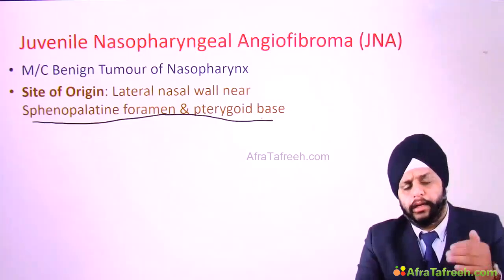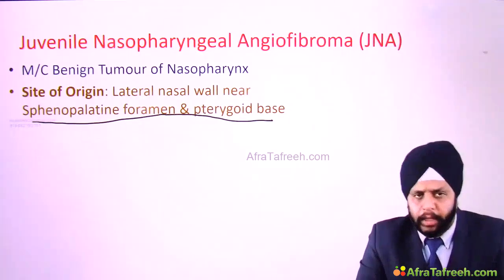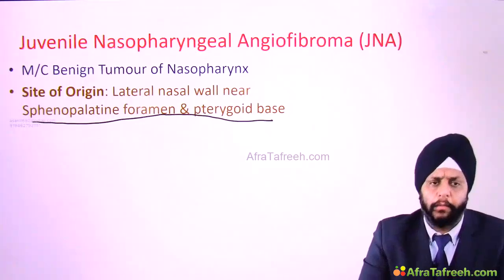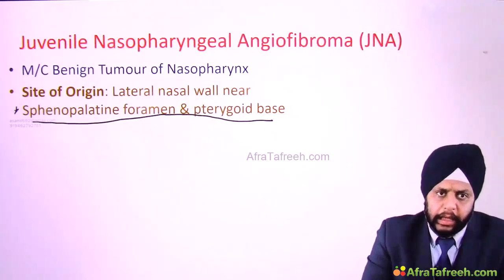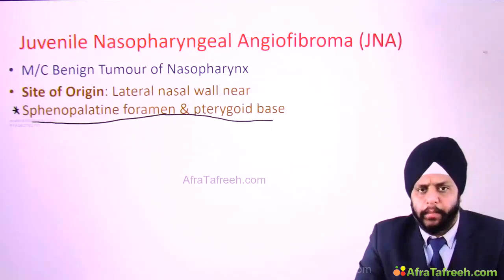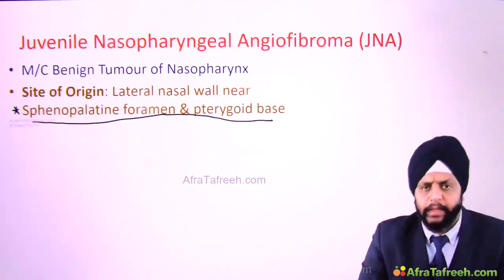Earlier it was said that it arises from the sphenopalatine foramen, but the latest edition of Scott Brown says it is near the sphenopalatine foramen and pterygoid base. It means the same thing.